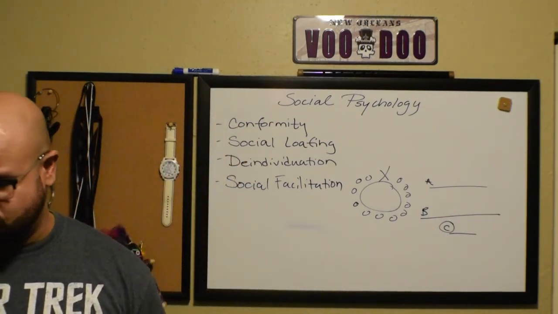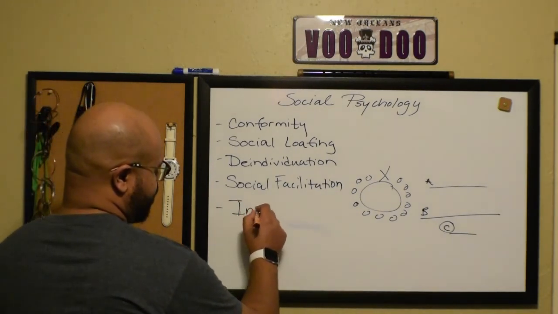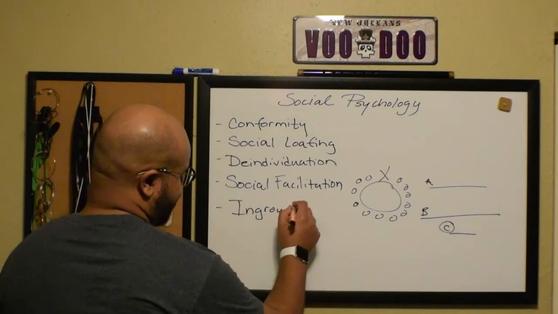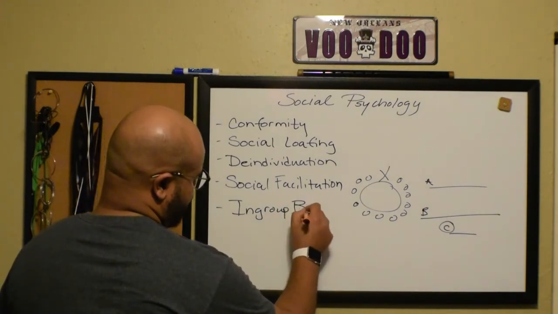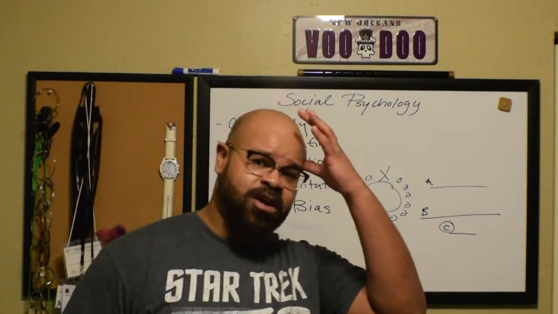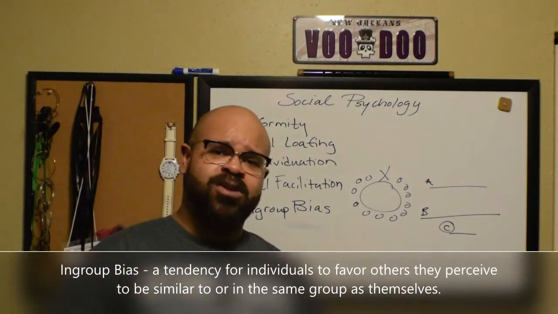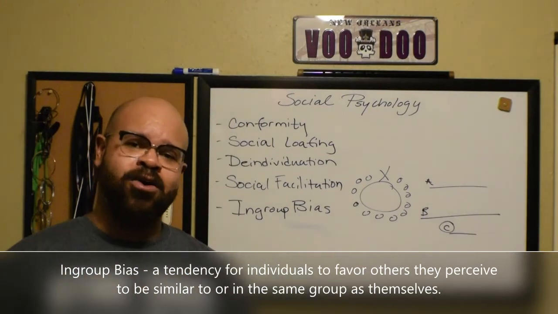Okay, let's do two more. So the next is what we call in-group bias. And this one's pretty simple. It is just our tendency to prefer people or things connected to our own group.